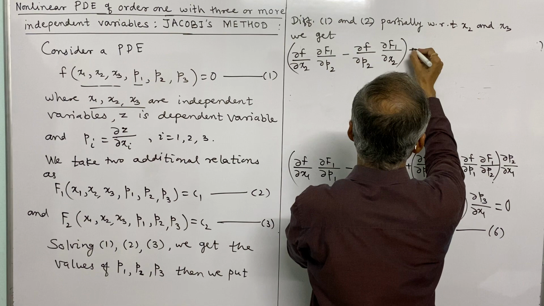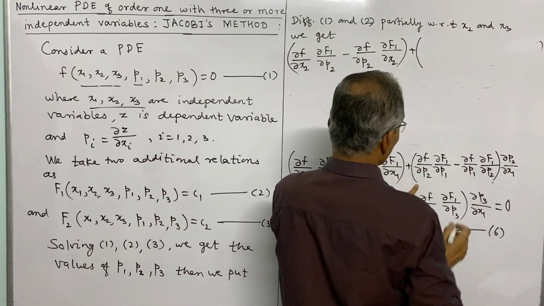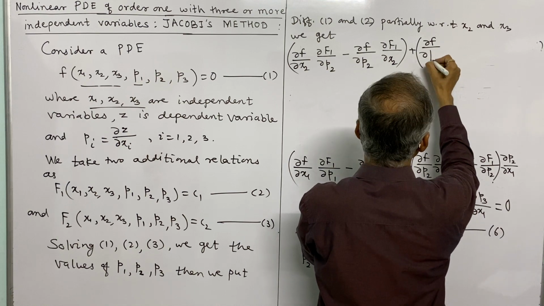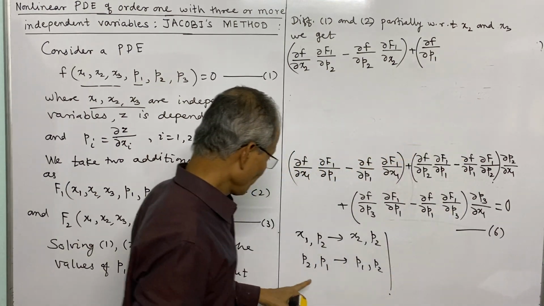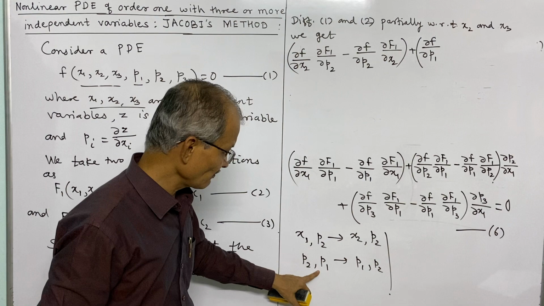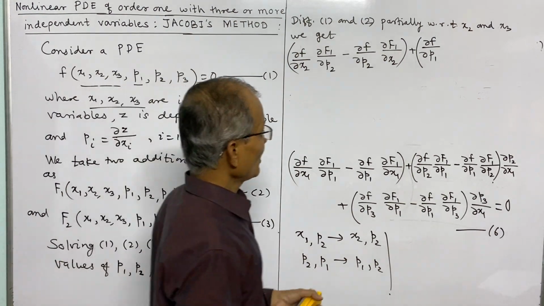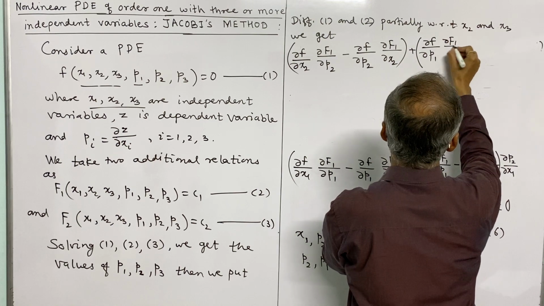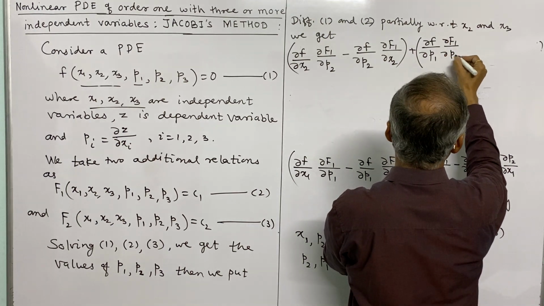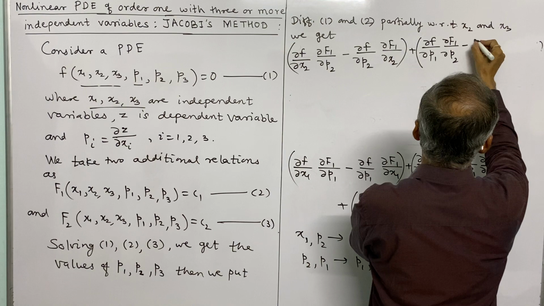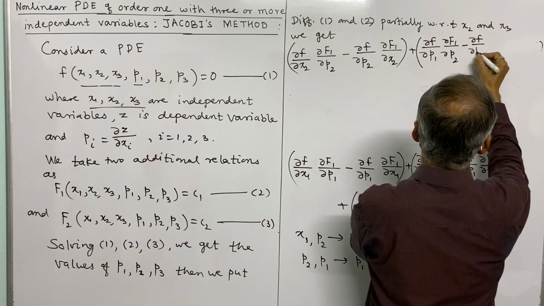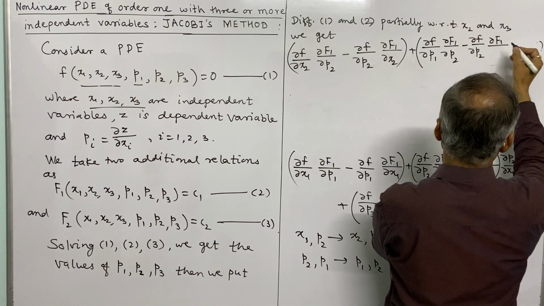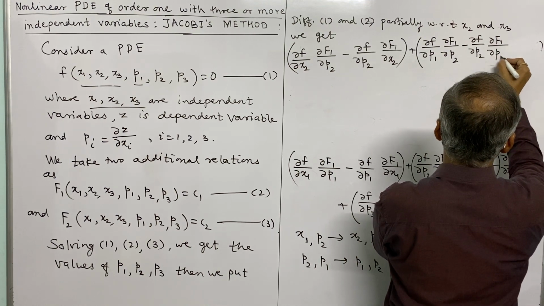plus the second one will be, see, dou f by dou p2 will now be p1. p2 will change to p1, p1 will change to p2, and this is p1, and this will be dou F1 by dou p2 minus dou f by dou p2, and this is dou capital F1 by dou p1.